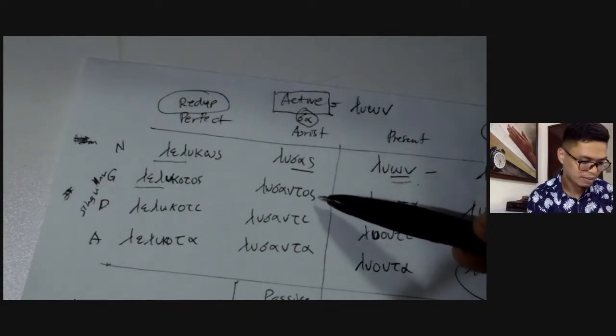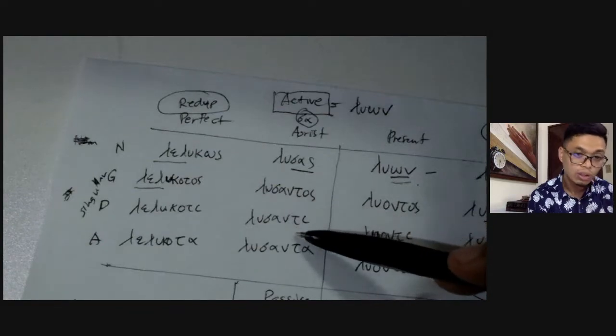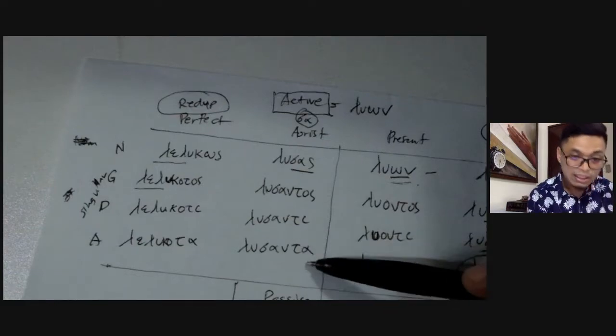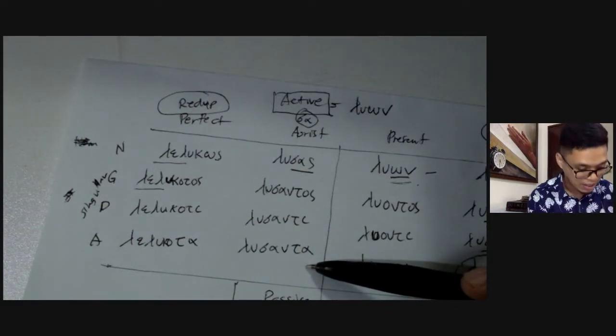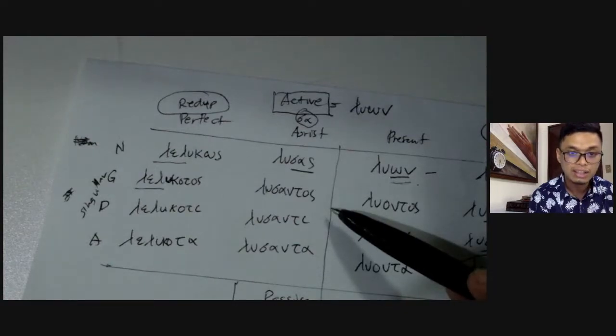They're the same. You have here lusantos, you see the sa, and then you have lusanti, you still have the sa there, and then lusanta, you have the sa there as well. So instead of luontos, you have lusantos because it is aorist. Right after the root, you add the tense identifier.